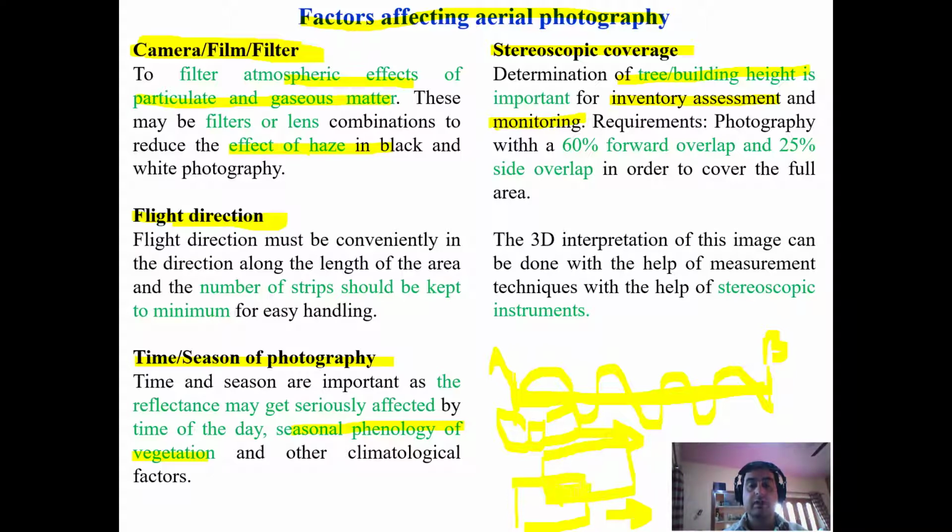So this is how we are going to achieve stereoscopic overlap. And the instrument which is used for the 3D interpretation of images using stereoscopic coverage is the stereoscope, mirror stereoscope, or lens stereoscope.